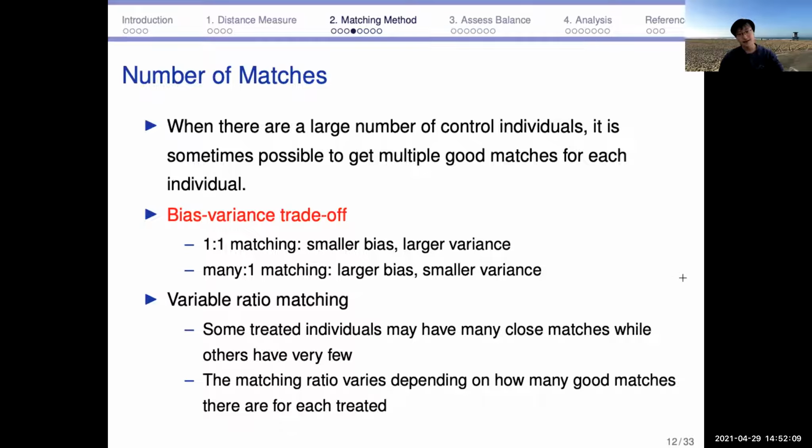There's also this idea of variable ratio matching, where we don't have to have a fixed matching ratio. In this case, in the analysis, you would have to do some kind of weighting to account for the fact that some individuals are matched with multiple controls, while some treated individuals are not.